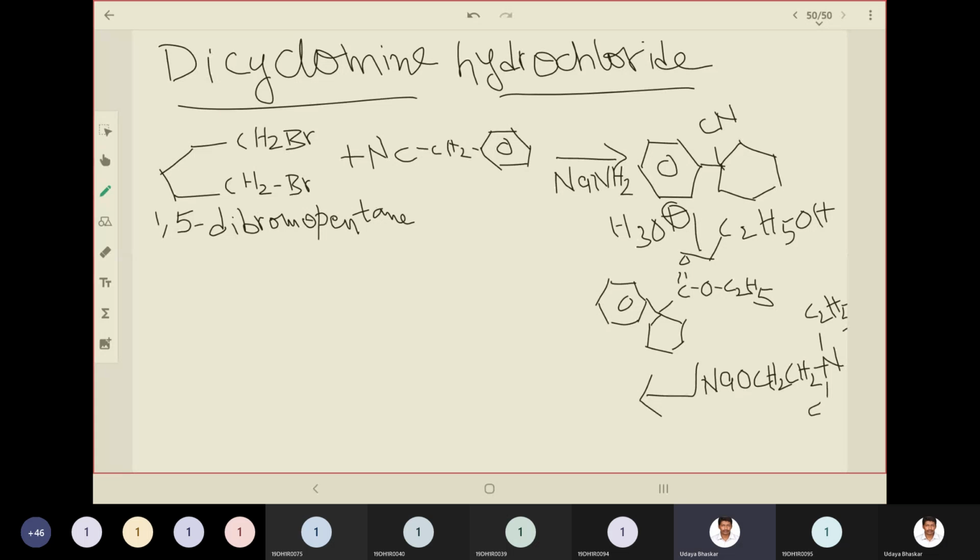So N,N-diethyl amino, okay, sodium ethanoate. This is added. From this, what is removed? C2H5 sodium ethanoate. Sodium ethanoate is removed. So what we'll get? We'll get this N,N-diethyl amino group attached to our earlier intermediate.